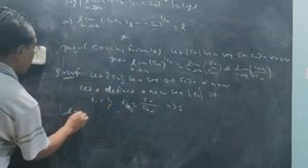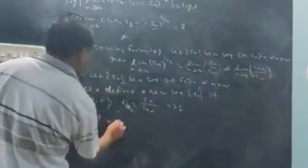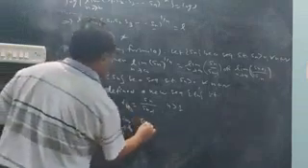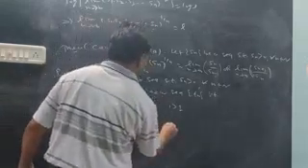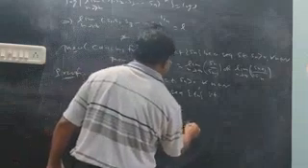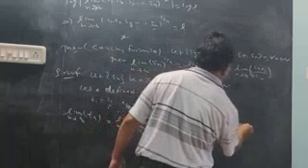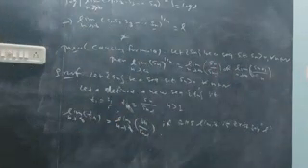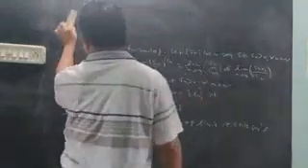Now limit of your Tn is the limit of the right side, Sn upon Sn minus 1. Suppose the right side limit exists, say L, or any one symbol.